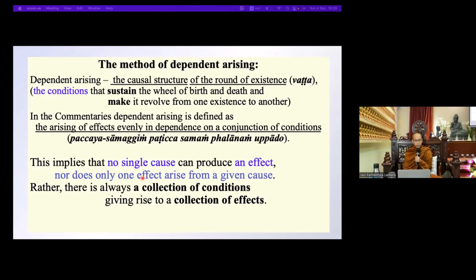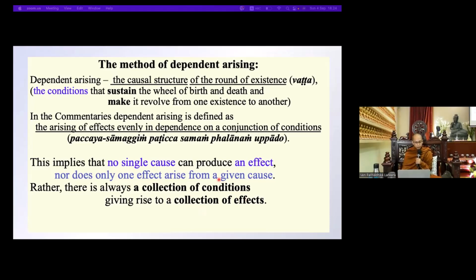Although it is mentioned as a single cause and single effect, actually the effect is also not a single one. In the same way, the cause is also not a single one. So how is it mentioned in the dependent arising method?